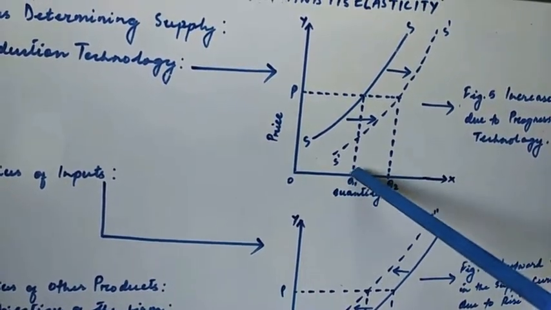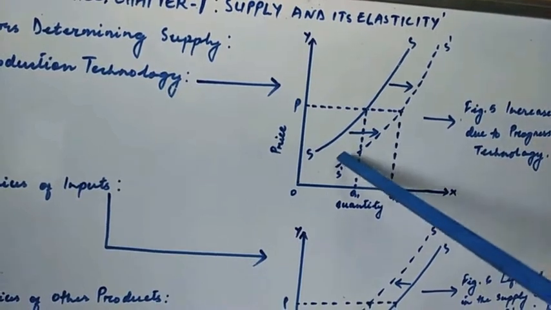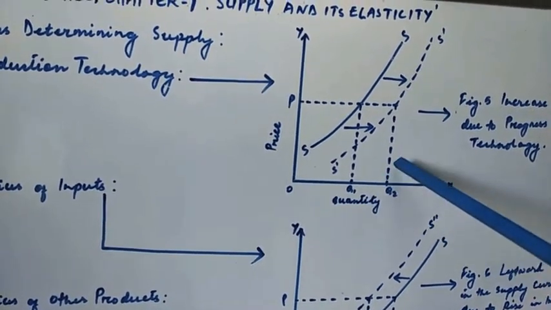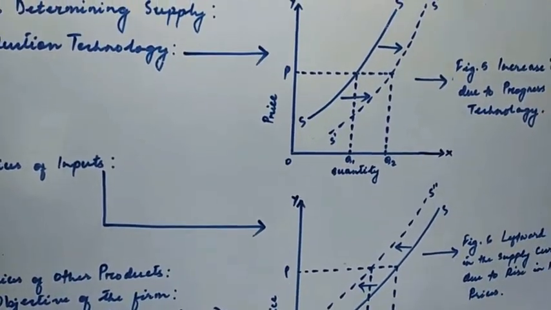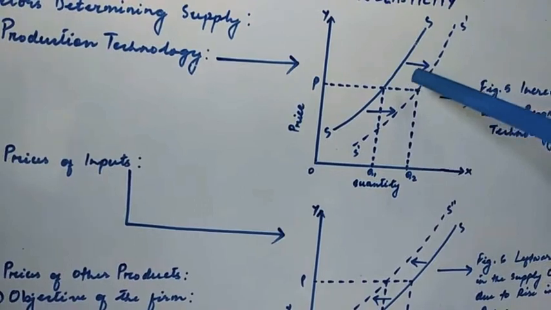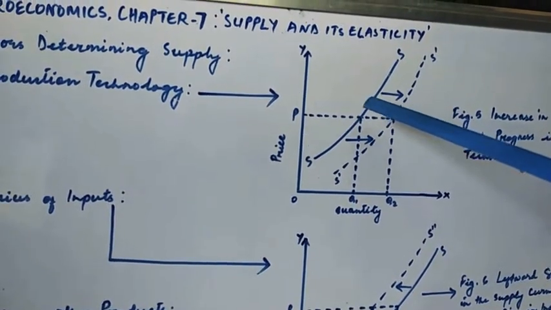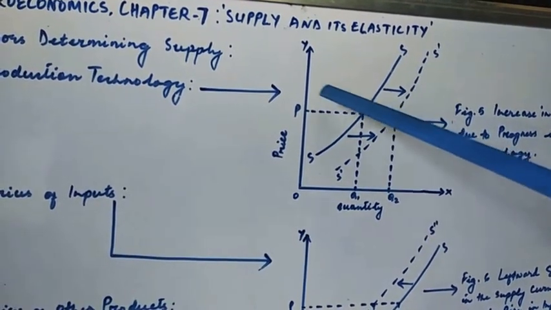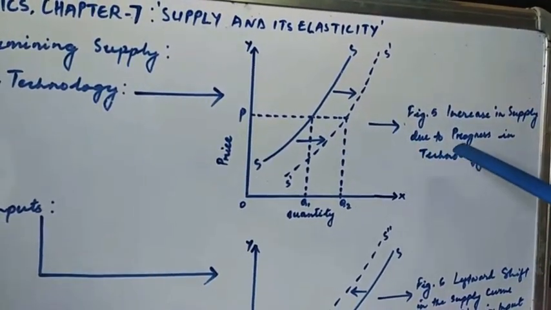Earlier it was supplying only OQ1, but because of the shift in the supply curve, caused by the improvement in technology, the firm is willing to supply more at the prevailing price level, that is OP. So there is an increase in supply that is taking place due to progress in technology.